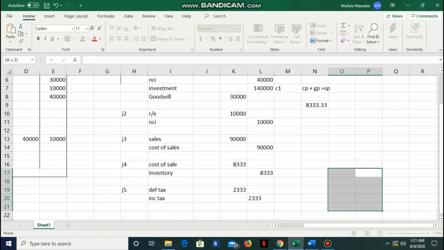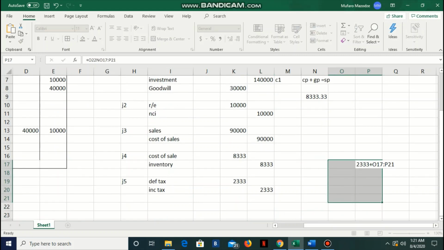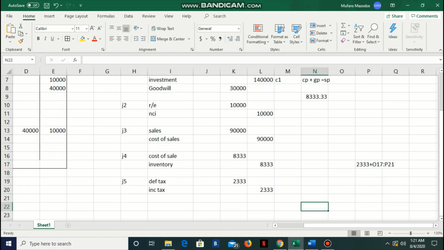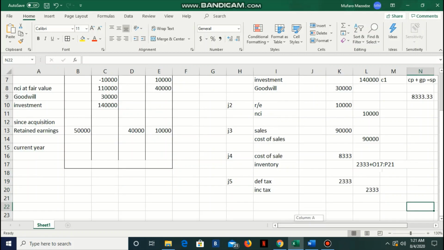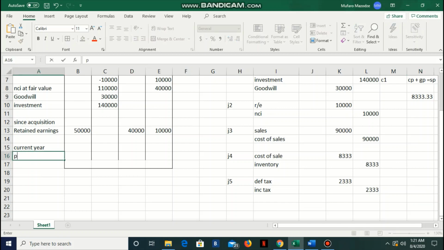Now that we're done with this, we come back to our analysis, and in the current year, profit for the year is going to be affected by journal 4 and journal 5. And I'm just gonna make it one calculation.